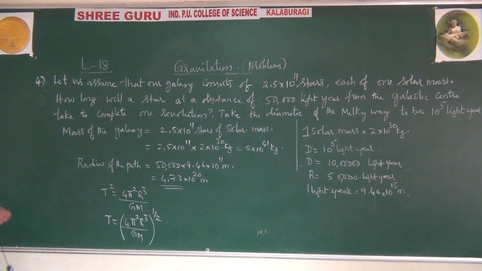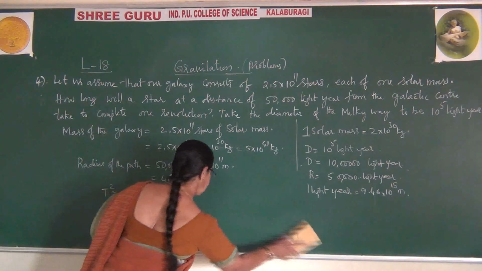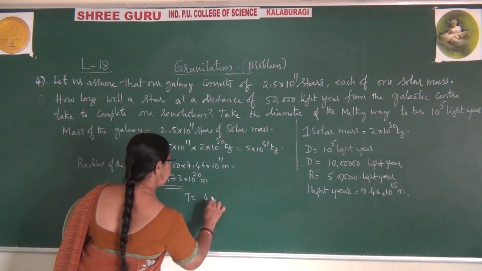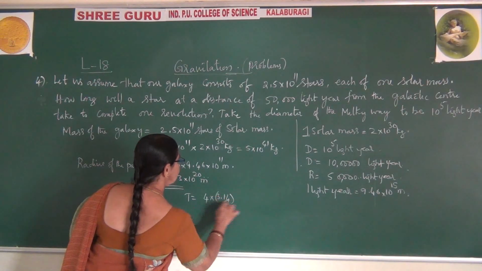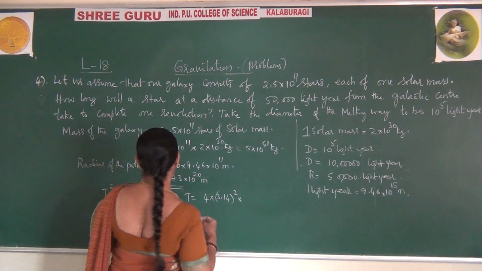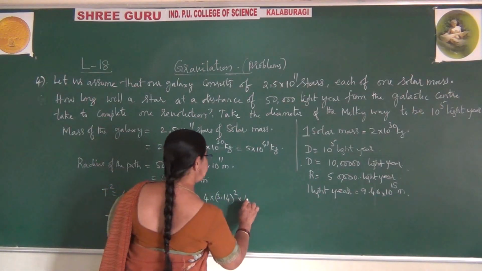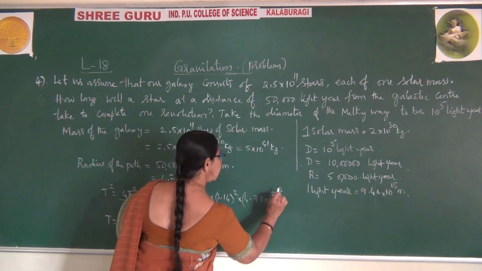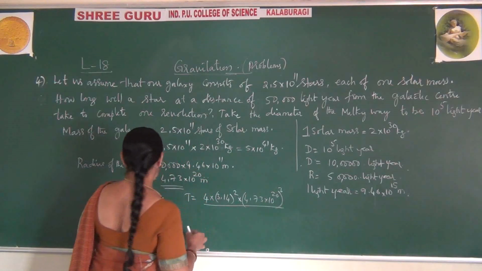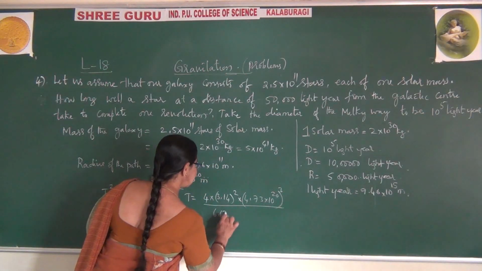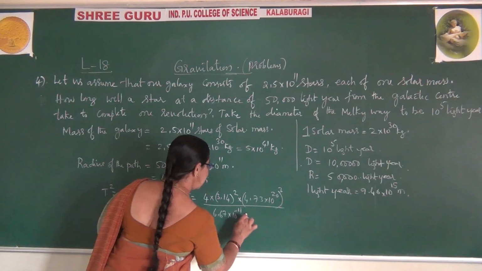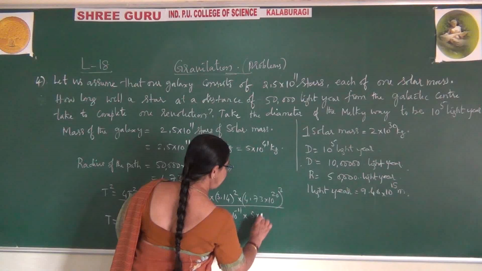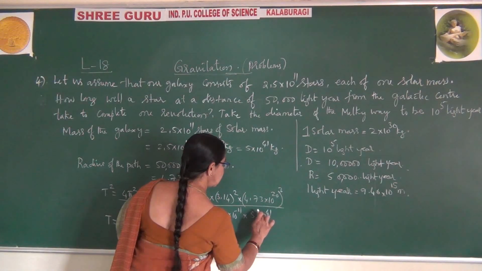Now using that, let me substitute the value here, where T is equal to 4 into 3.14 whole square into r cubed, r is 4.73 into 10 raised to 20, to the power of 3, divided by G, 6.67 into 10 raised to minus 11, into M. M this time we got 5 into 10 raised to 41 kg, right?